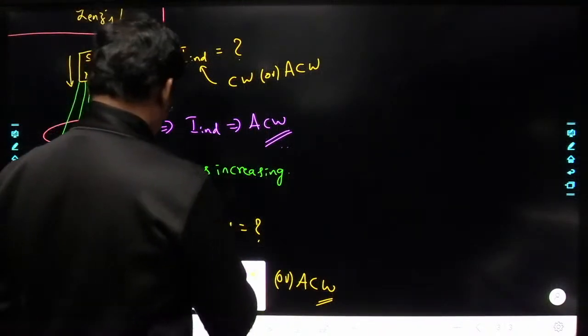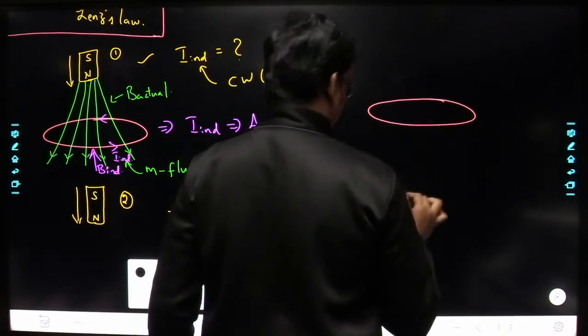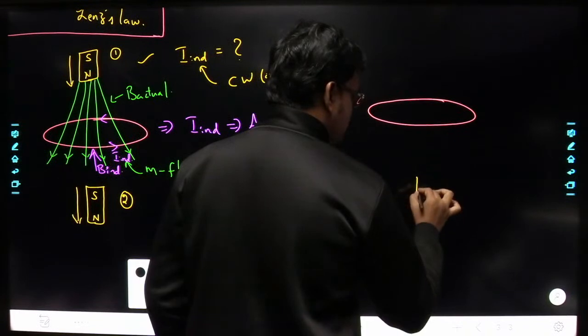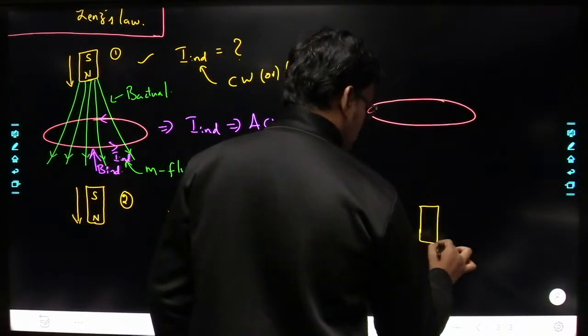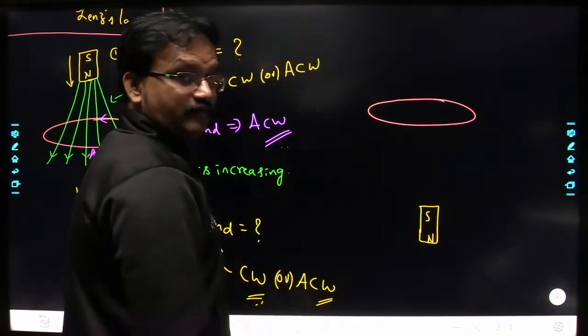Now I am drawing this second one separately here. See here, second case. Here you are having the loop, and now the magnet is moving away from the loop. Whenever it is moving away from the loop, here you are having the south pole and here the north pole.